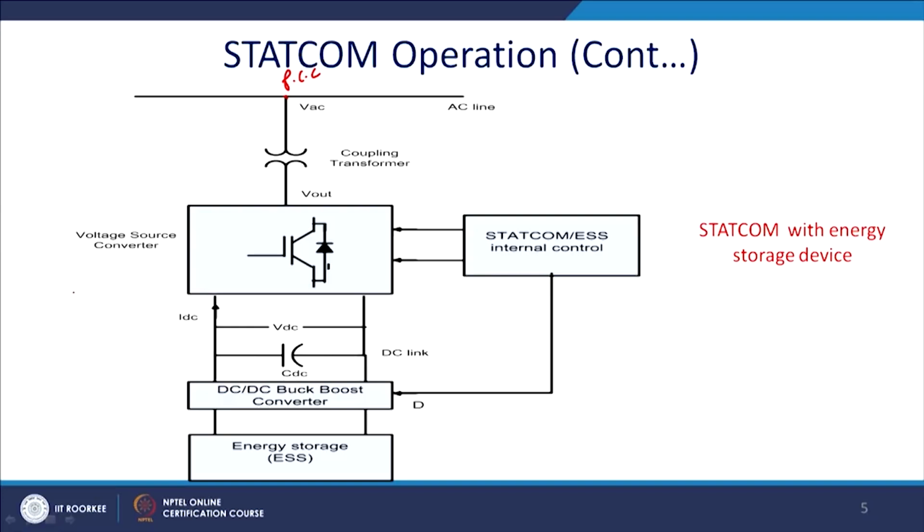This is basically a current-controlled voltage source converter, and we require a DC link voltage, which may be fed from an energy storage system or the solar system. So, that will basically act as a synchronous generator, a Statcom with storage energy devices. Nowadays this is put into practice.